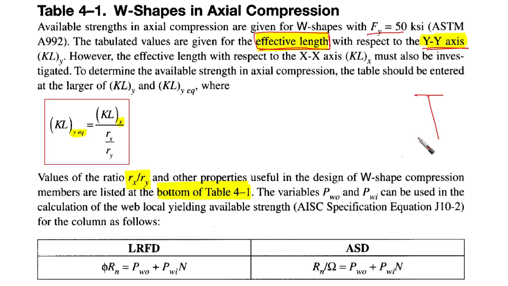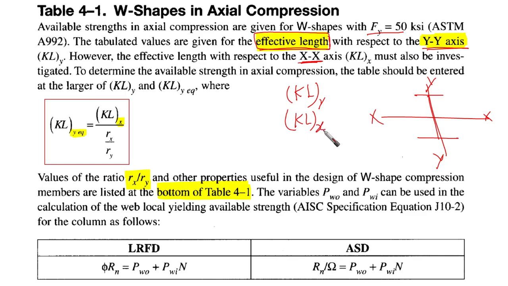We are talking about this being x and this being y here, so KL with respect to y. However, the effective length with respect to the x-axis, the horizontal one, which we call KLx, must also be investigated.